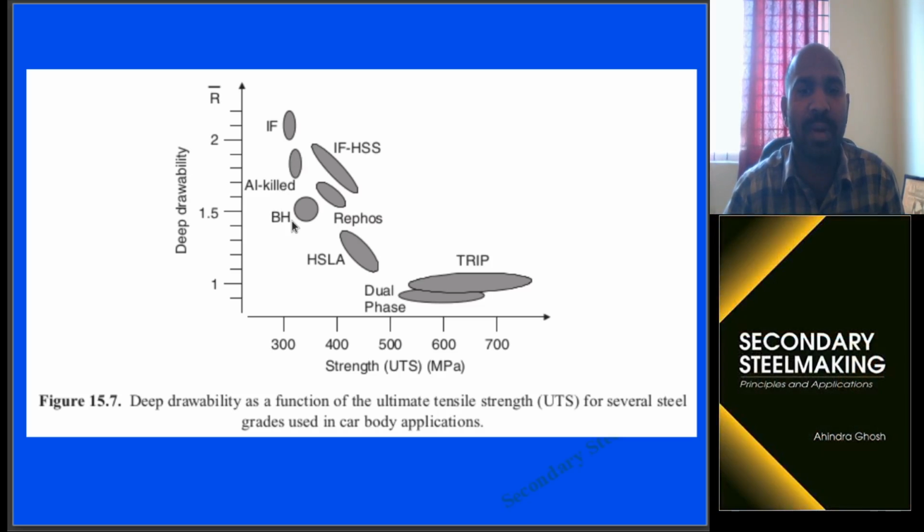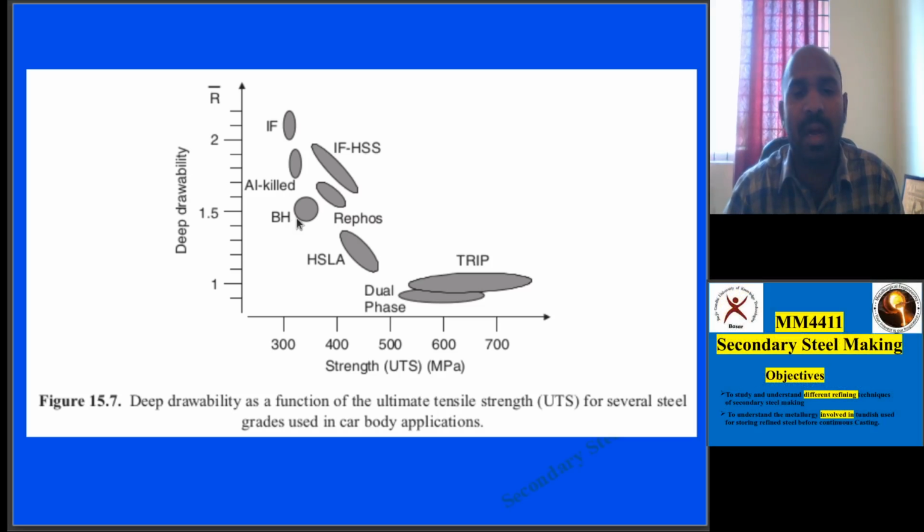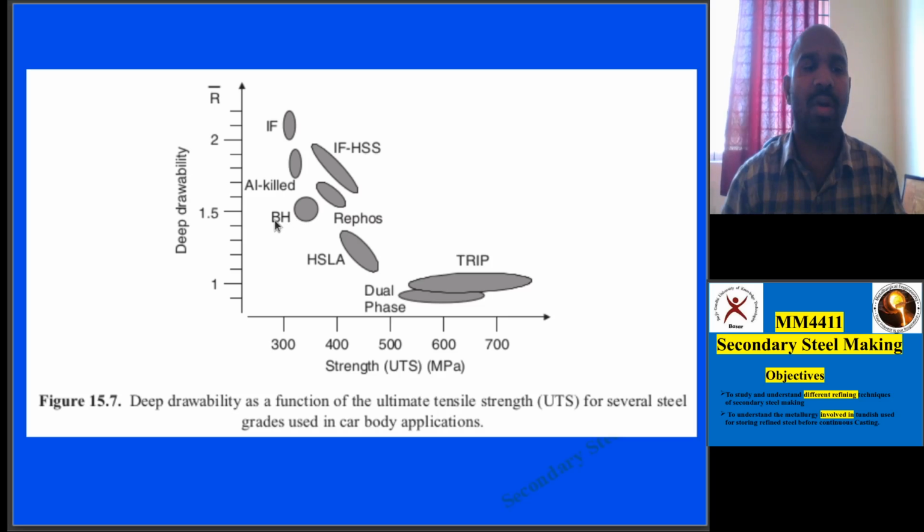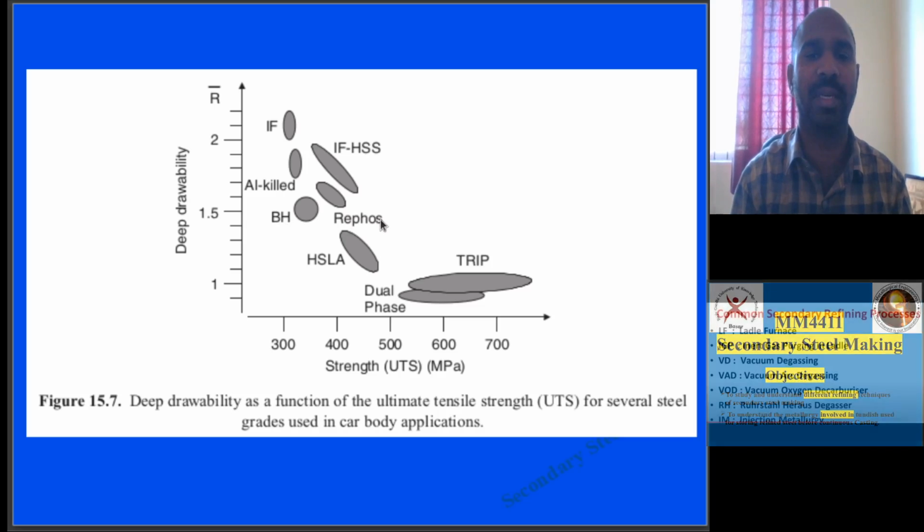The steels which are formed and pressed are maintained at around 170 degrees temperature. Painting and heating provide further hardening, which is nothing but bake hardening.